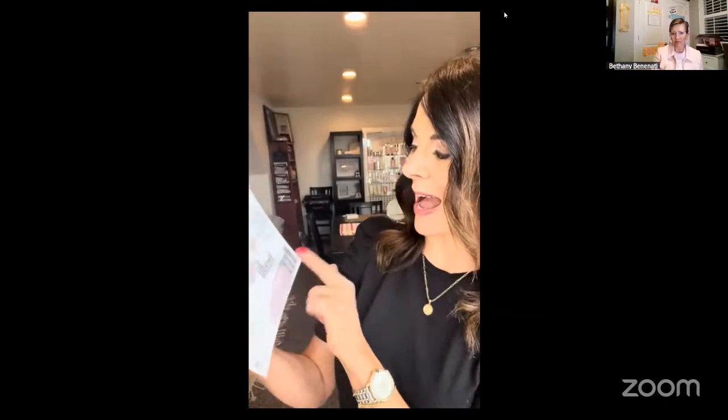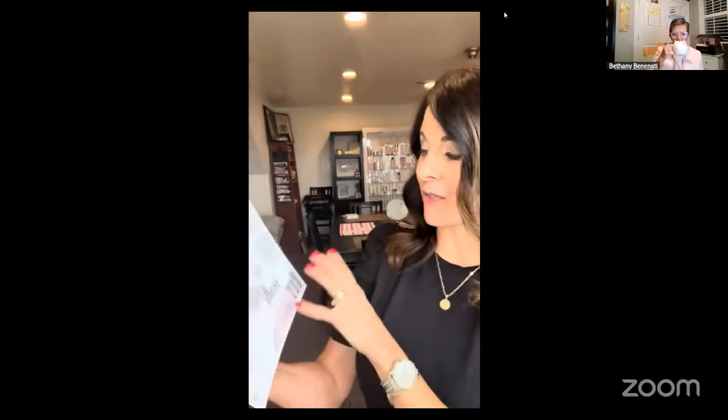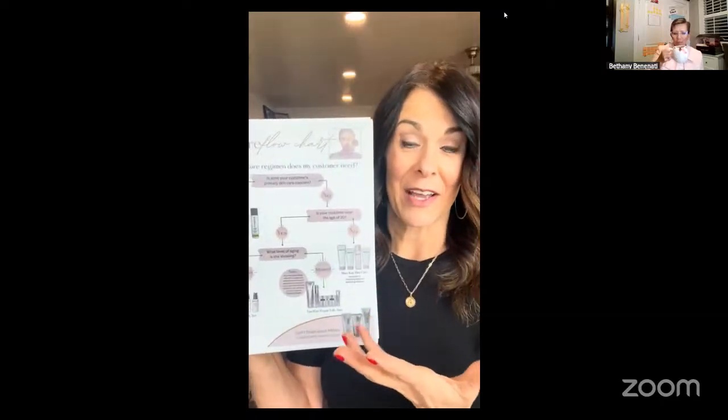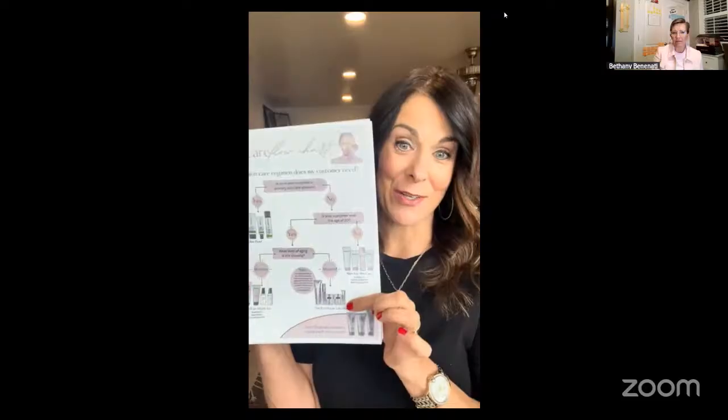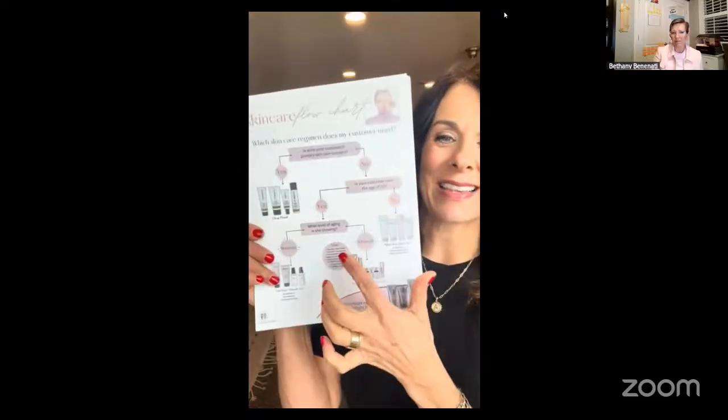And I love how we added on here that the Time-Wise repair is for advanced signs of aging, but even if you don't have advanced signs of aging, this still might be what you want. And so that is a little disclaimer about that there. So I love that. So this flow chart is amazing.